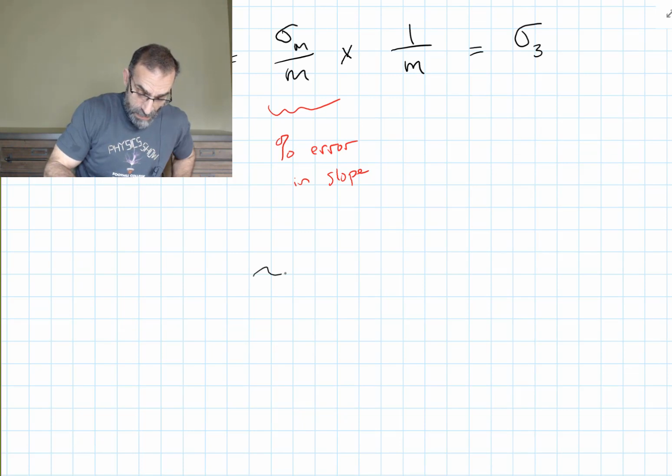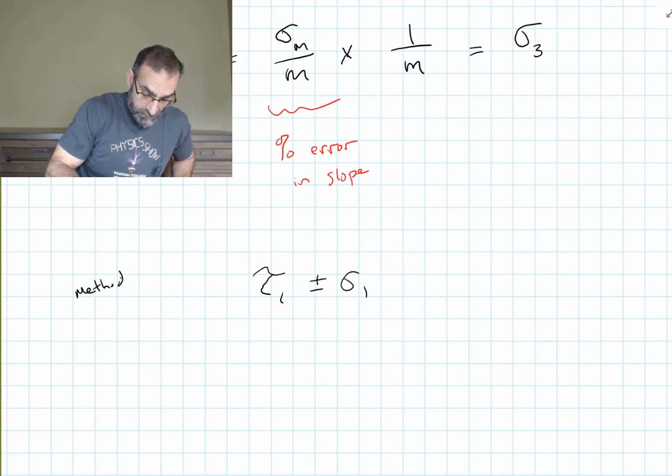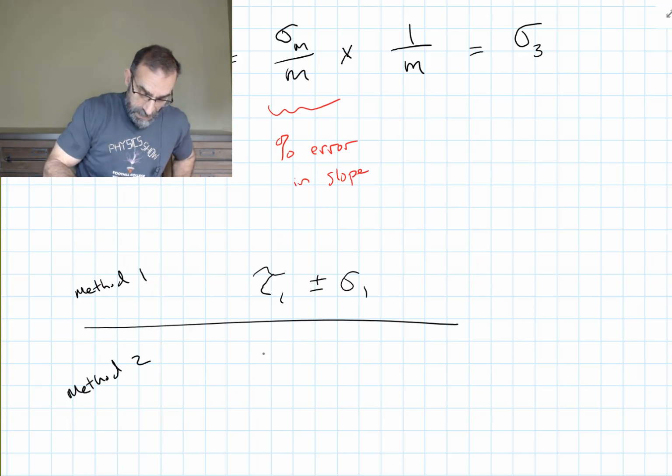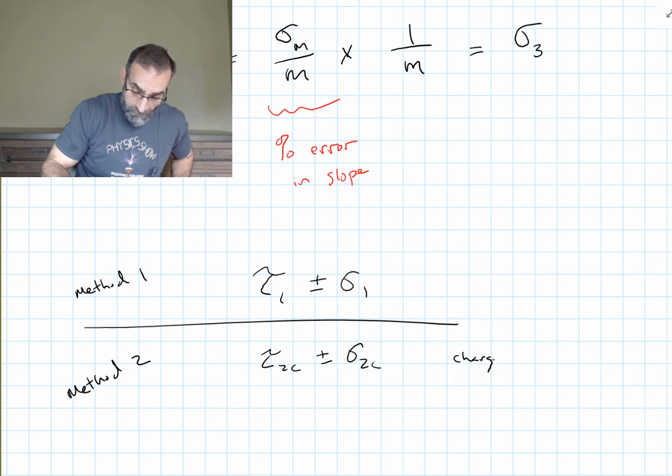We've got a tau 1, method 1, right? We've got a tau 2 for charging, and we have a tau 2 for discharging.